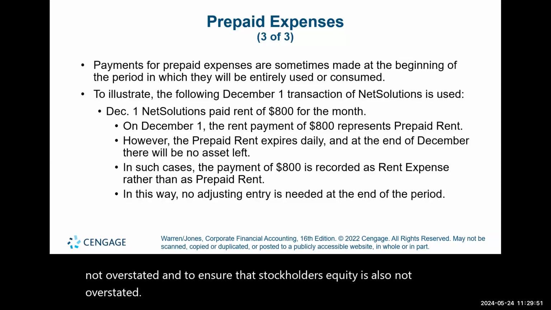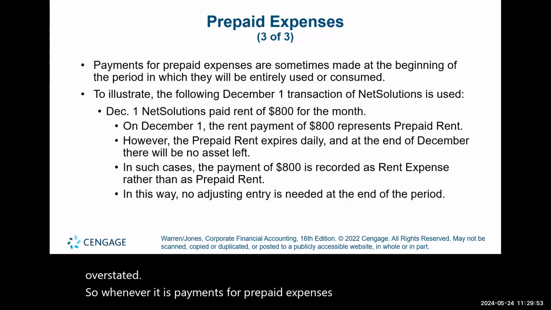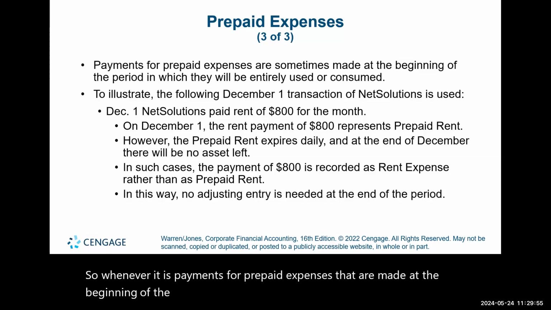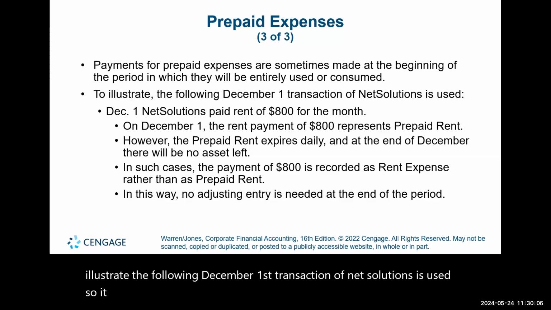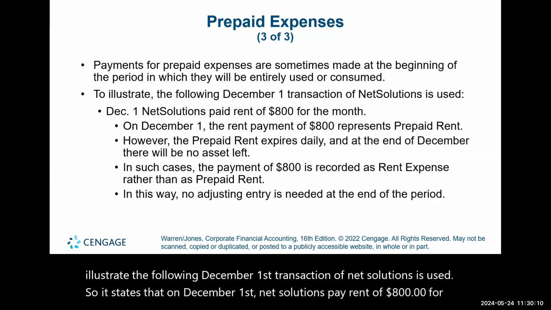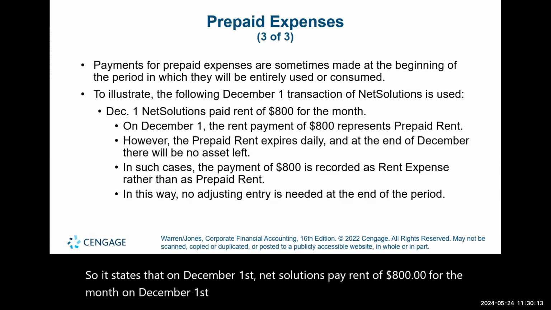So whenever there's payments for prepaid expenses that are made at the beginning of the period, they will be entirely used or consumed. So to illustrate, the following December 1st transaction of Net Solutions is used. It states that on December 1st, Net Solutions paid rent of $800 for the month. On December 1st, the rent payment of $800 represents prepaid rent.